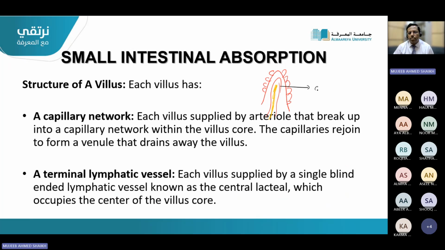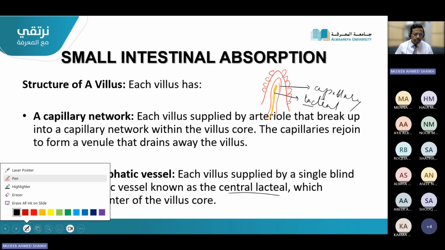So this is the capillary, and this one is the lacteal. It is a part of the lymphatic vessel. A terminal lymphatic vessel is present, known as the central lacteal, within the core. I will tell you what is the use of this lacteal.